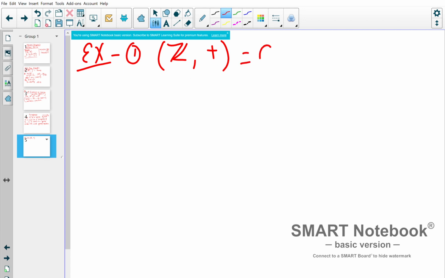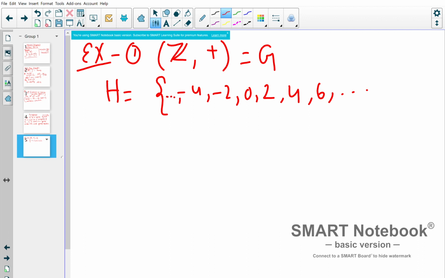This was my group G, and I can choose my subgroup as the collection of all even integers, say 2, 4, 6, and similarly -2, -4, and so on.